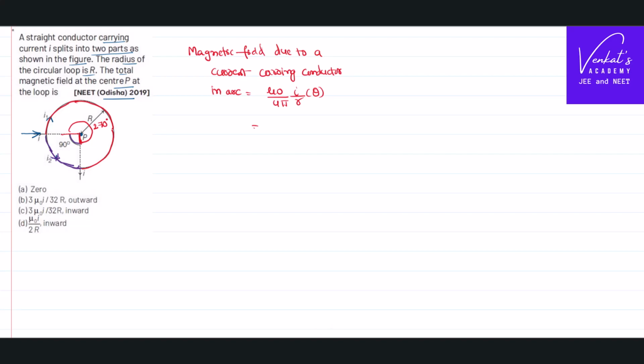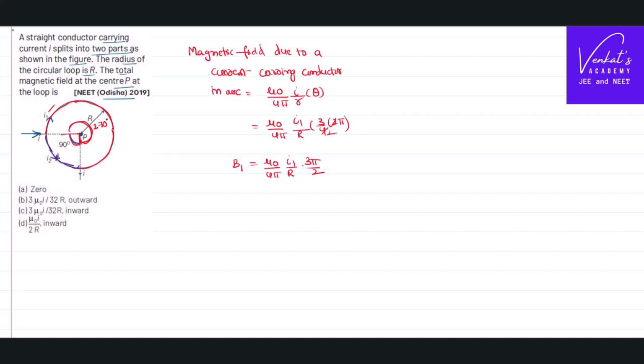So how much is this? Mu naught by 4 pi, current is I1, radius is r, and theta is 270 degrees in terms of radians, that is 3 by 4th of the total angle 2 pi, is it not? Totally that is 360, this is 3 by 4th, this is 1 by 4th. So that gives mu naught by 4 pi, I1 by r, into 3 pi by 2, that is B1.